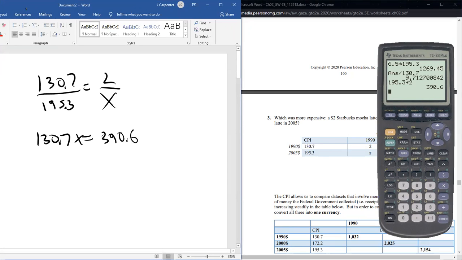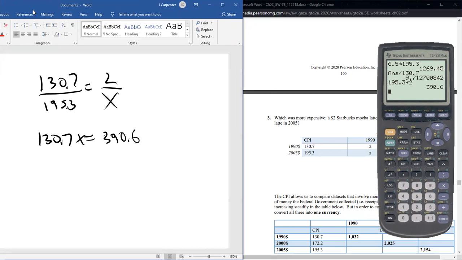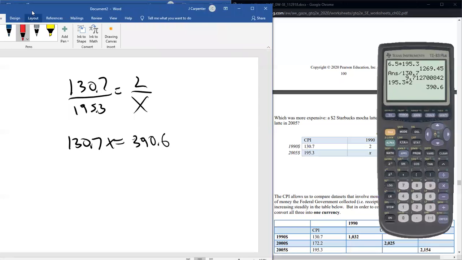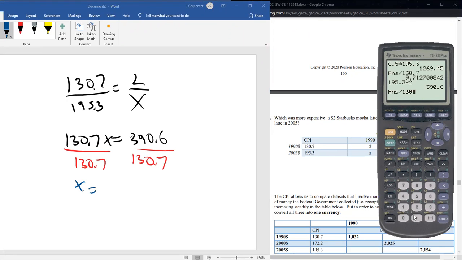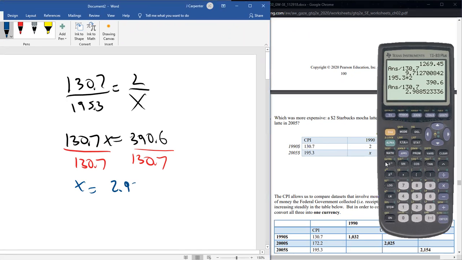Then you're going to divide both sides by 130.7 to give us x equals 390.6 divided by 130.7. We get x equals 2.988, so rounded to the nearest penny would be 2.99.